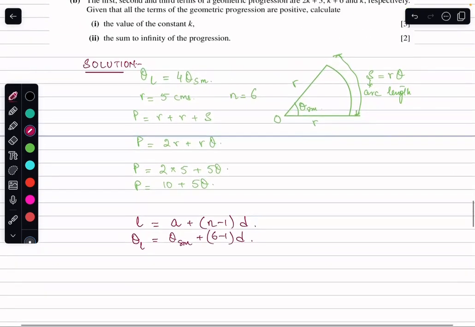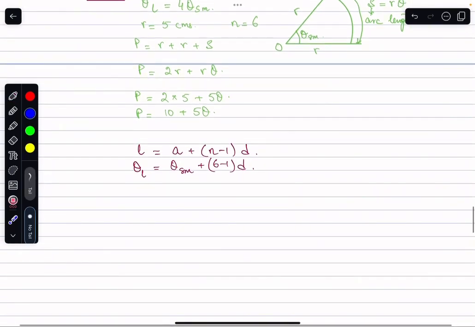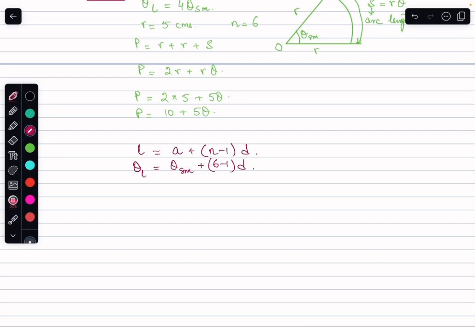Here theta L, we already know that theta L equals 4 theta for the smallest. Therefore, I am substituting theta L with 4 theta smallest, which shall be equal to theta smallest plus 5d. Or I can say it's 4 theta minus theta, giving me 3 theta smallest, which shall be equal to 5d. Or I can say that the common difference here shall be 3 by 5 of the smallest theta value.